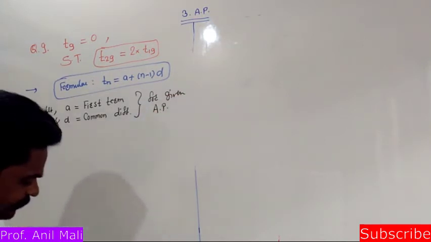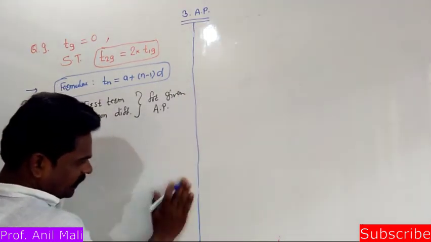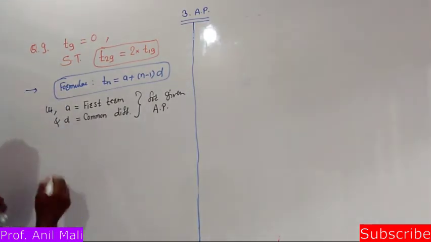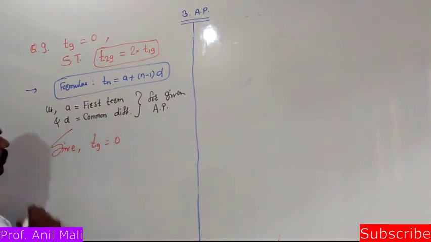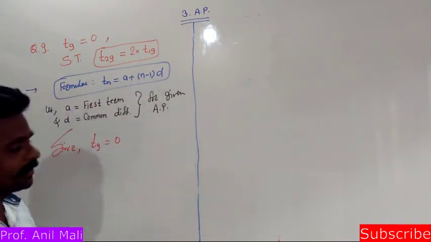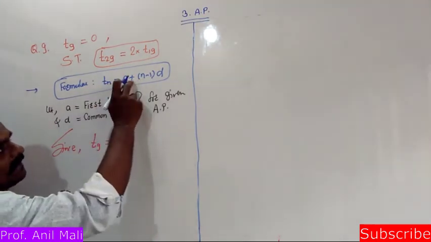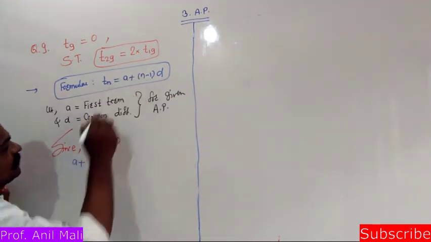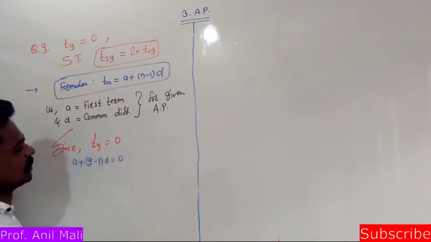Now see friends, as they have given us in the very first sentence, the ninth term is 0. Since T9 is equal to 0, use your formula Tn is equal to A plus (n minus 1) into D. Here n is replaced by 9. So A plus 9 minus 1 into D is equal to 0.